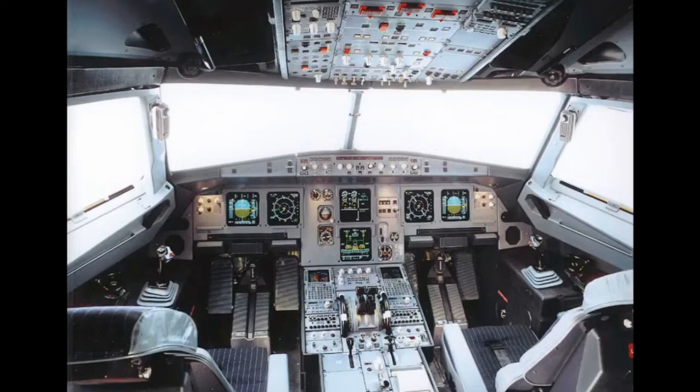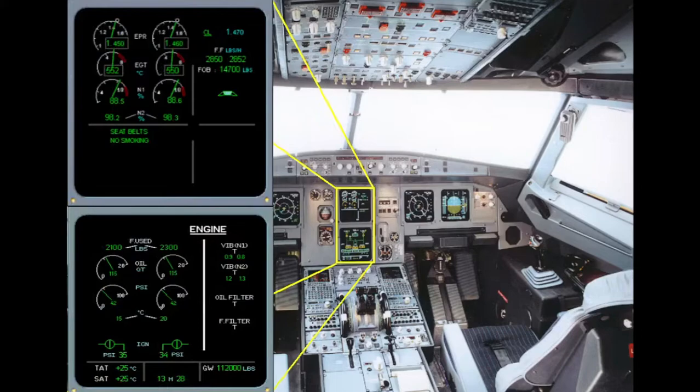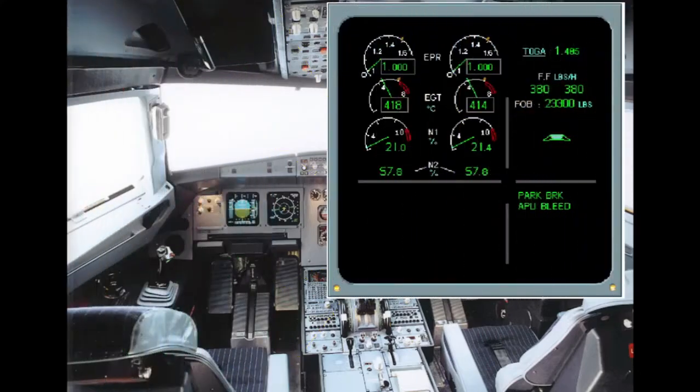Engine indications are shown on the engine warning display and on the engine system display page. The primary engine parameters are displayed on the engine warning display. First are the EPR gauges.